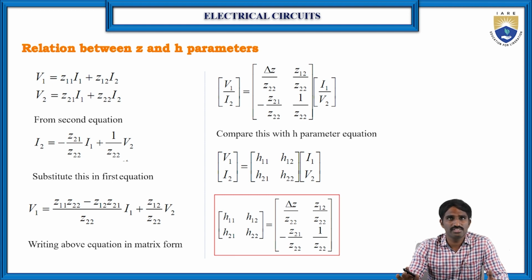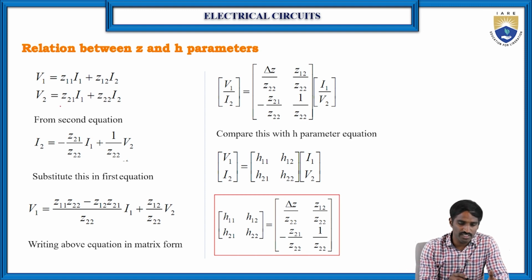As we know, the z parameter equations are the input voltage and output voltage equations. But when coming to the h parameters, it is the input voltage and output current. So that's why, for the relation between the z parameters and h parameters, we need to convert these equations.